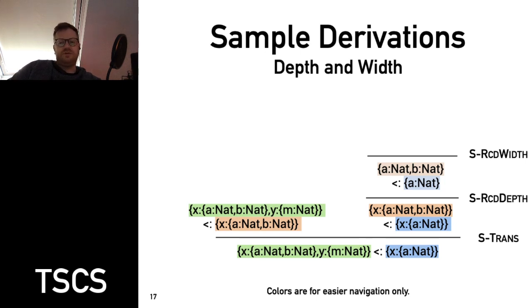This is fine because we just left out the B. On the left side, the SRCD width rule strikes again because Y is also just left out, and then we're good. And then we again have empty premises, so we have actually shown that this is true.